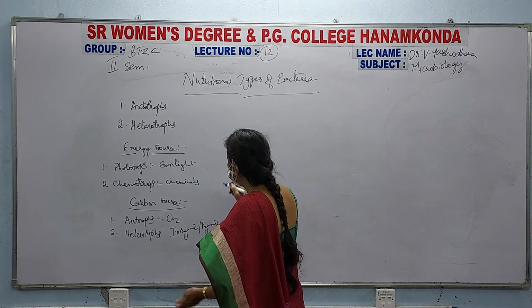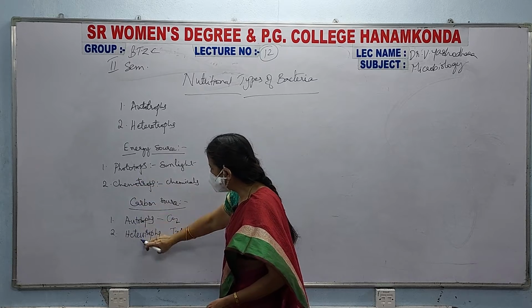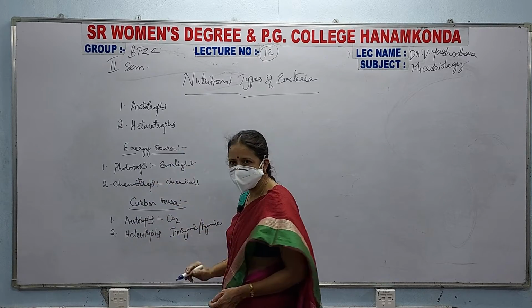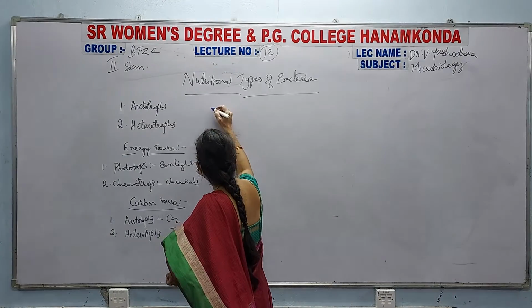Now coming to the next one. The next classification is mixing these two, because without energy and without carbon dioxide there is no synthesis of food. So here they are of two types.